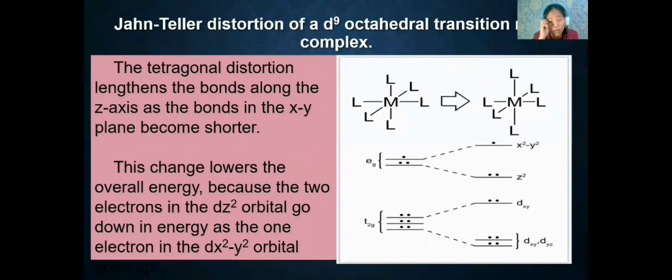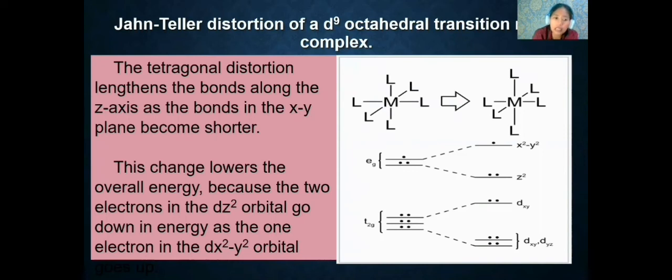Right. So we have here the Jahn-Teller distortion of a d9 octahedral transition metal complex. The tetragonal distortion lengthens the bonds along the z-axis as the bonds in the xy plane become shorter.